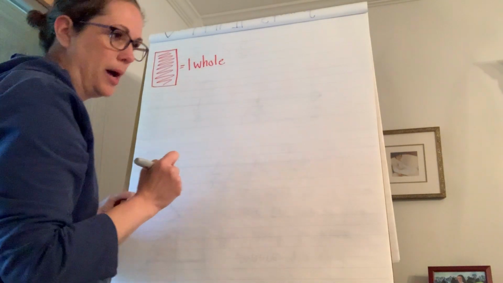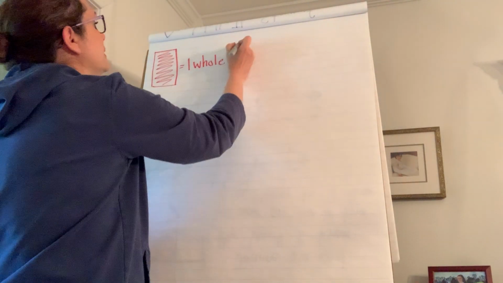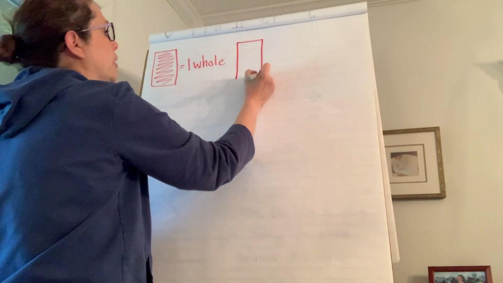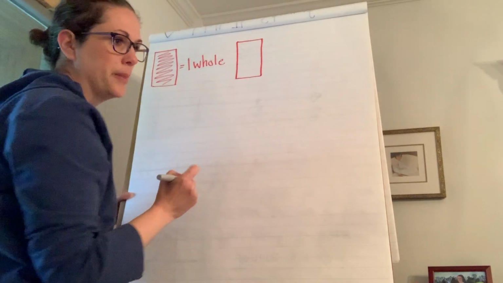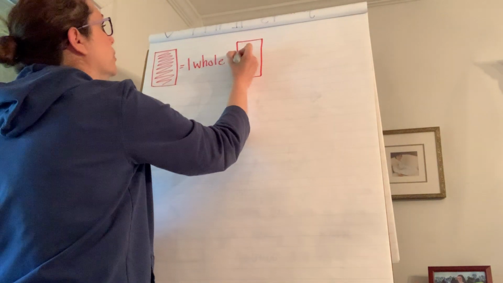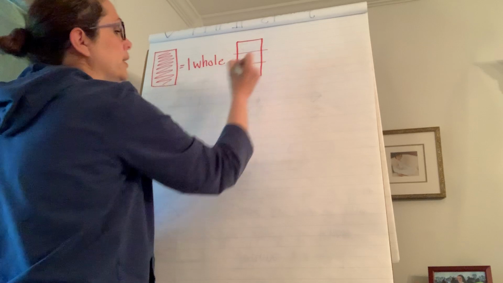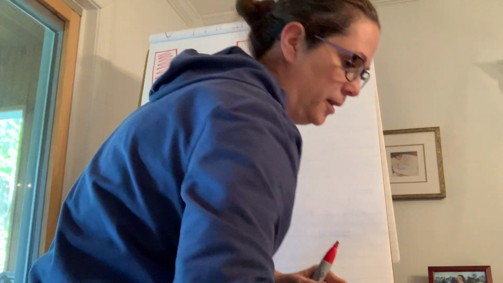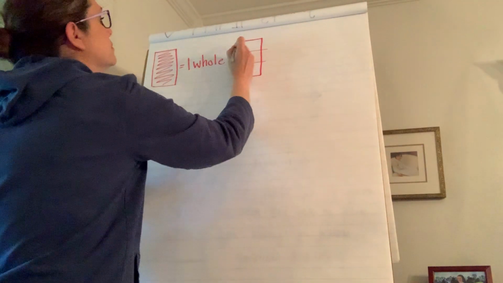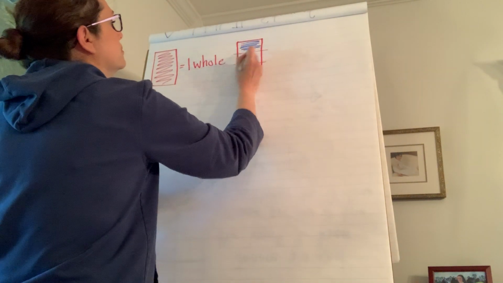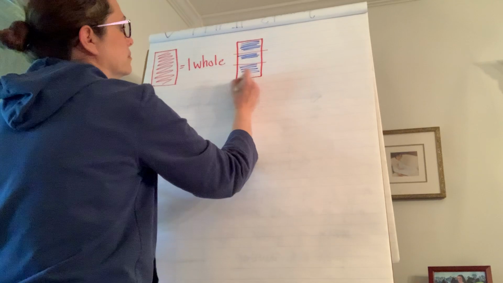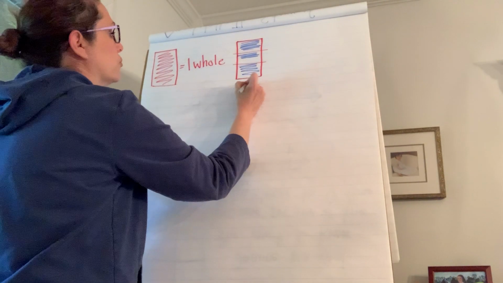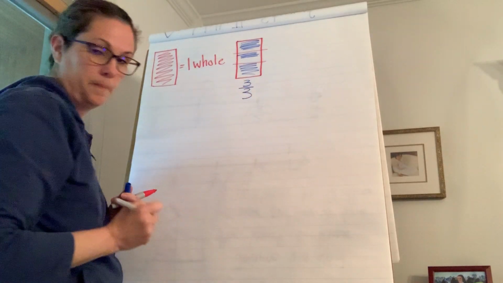Okay, the second model is the same shape, it's the same size. Remember, that's how we can compare, okay? And it's partitioned into 3 equal parts, just like the one I showed you, and all 3 are shaded in. Okay, and it's one whole thing, so the fraction is 3/3.